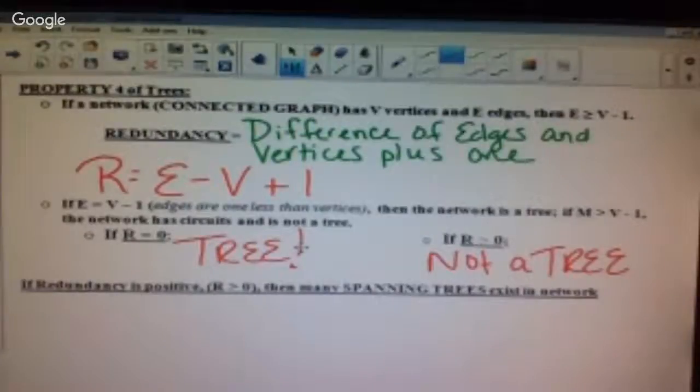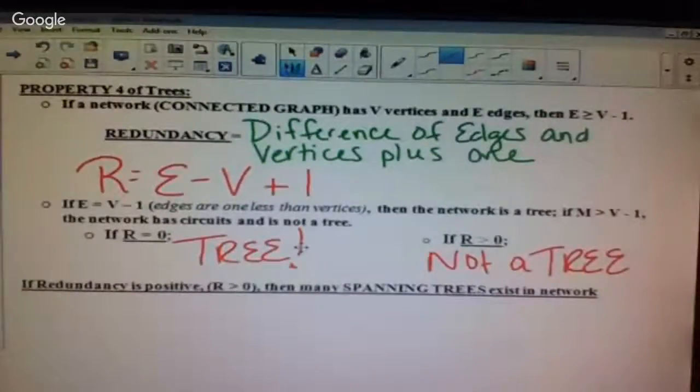So your redundancy formula is great. It tells you, yes, I have a tree. It tells you, no, I don't. But what it doesn't tell you is what you need to get rid of.